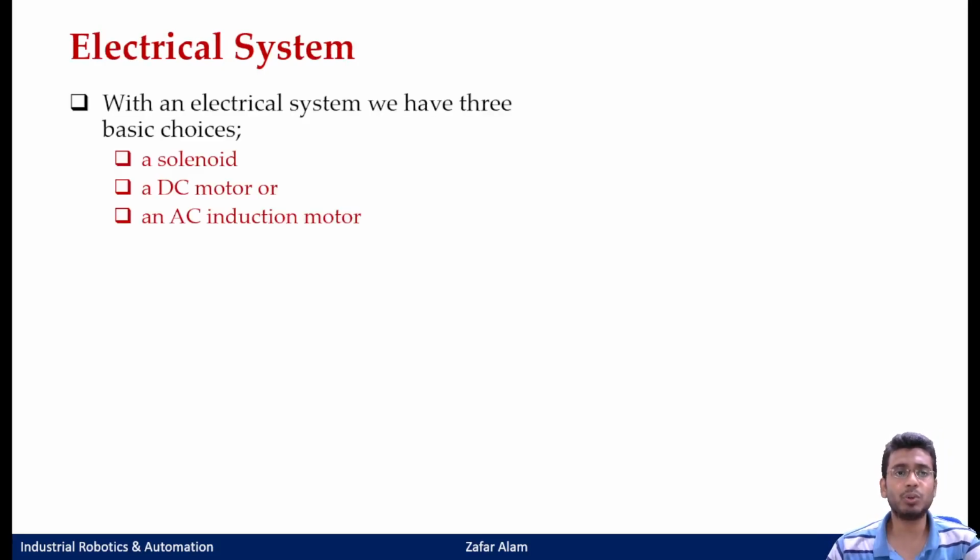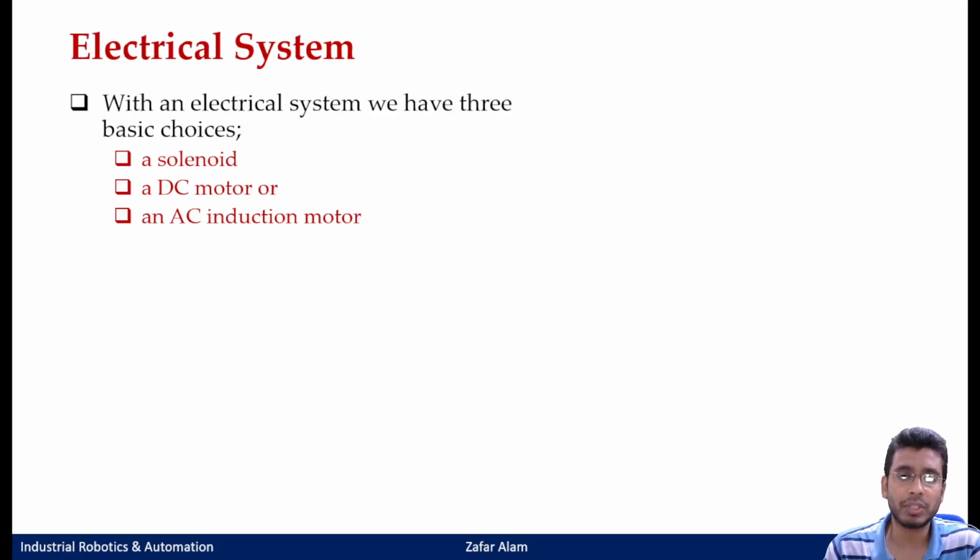So again, if you go for an electrical system, what are your possibilities? First one is your solenoid. I think most of you are aware of a solenoid. It is nothing but an electromagnet where you have a central core, and then you have wires wound around that core.